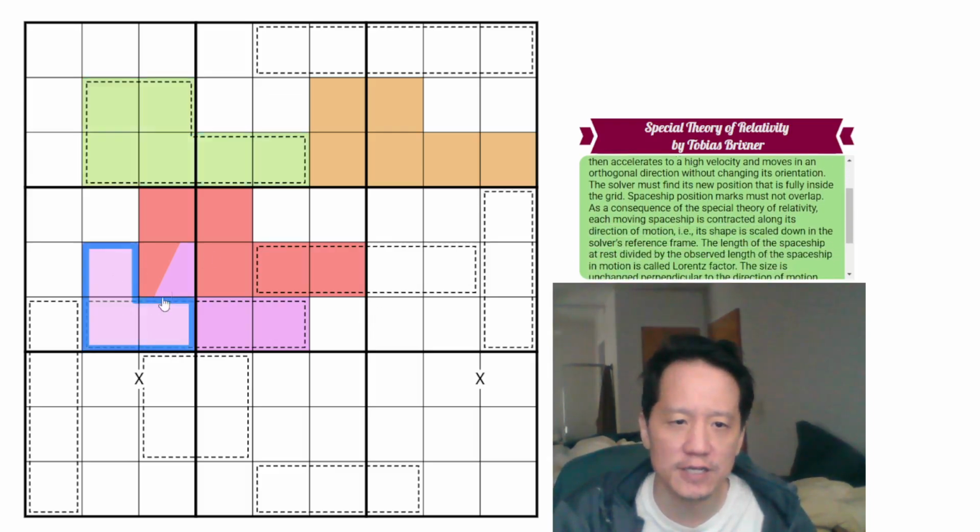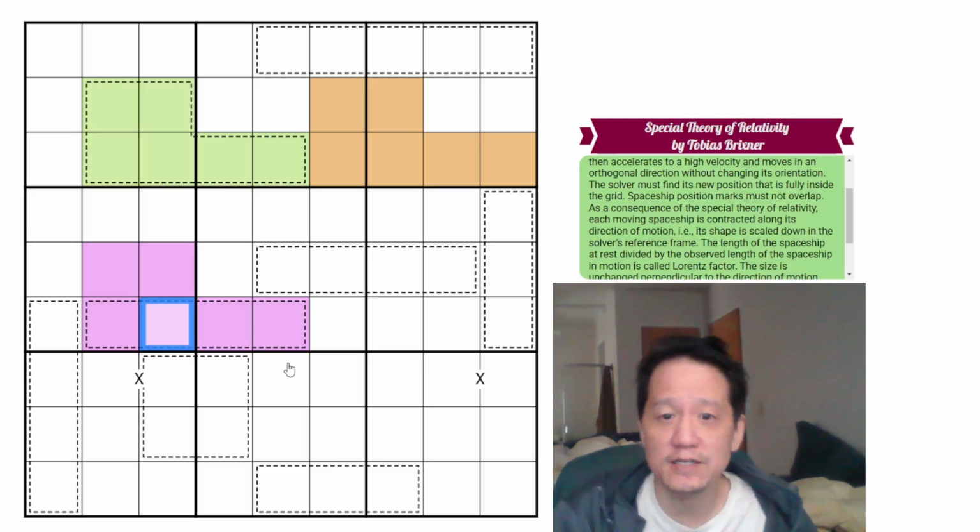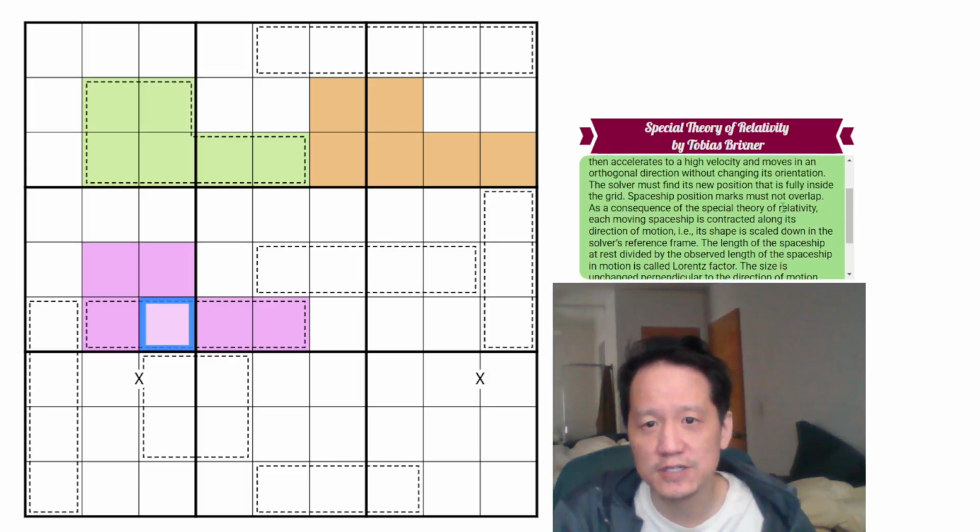So this is actually not valid because it would overlap with this. We can remove the red. Oh, actually, that's very interesting. That's extremely interesting. That tells us a lot, actually. So spaceship positions must not overlap.